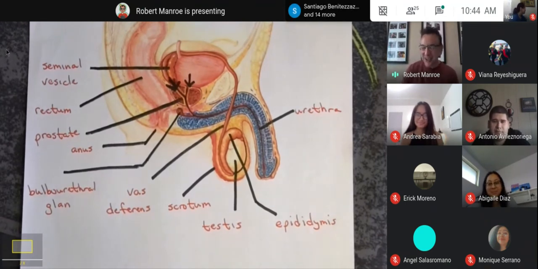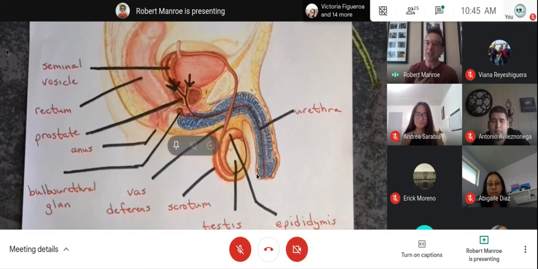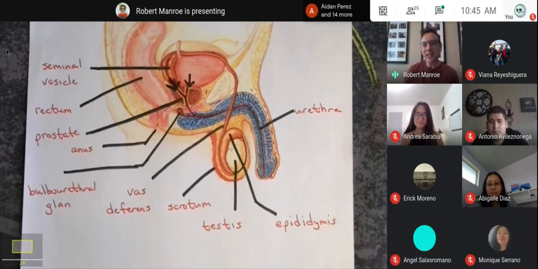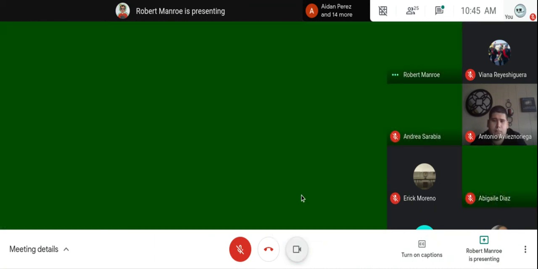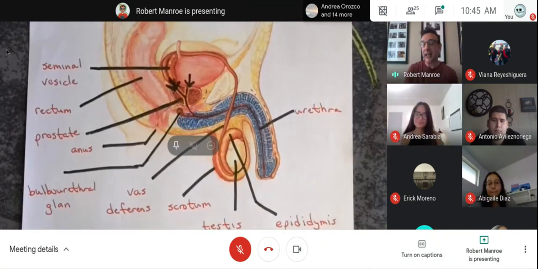So anatomically, no. But typically, and the term for this is anecdotal data, females can hold their urine longer than males, and I don't know why. But anatomically, our bladders should be the same size.